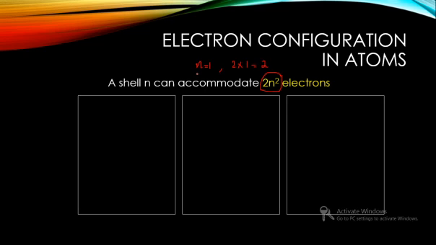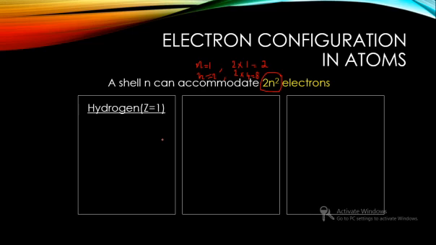And if n equal to 2, that is the second orbit, how many electrons could be occupied? 2 into 2 square. 2 square is 4, which means 8 electrons could be occupied. So corresponding to the n value, there would be 2n square electrons in that particular orbit.